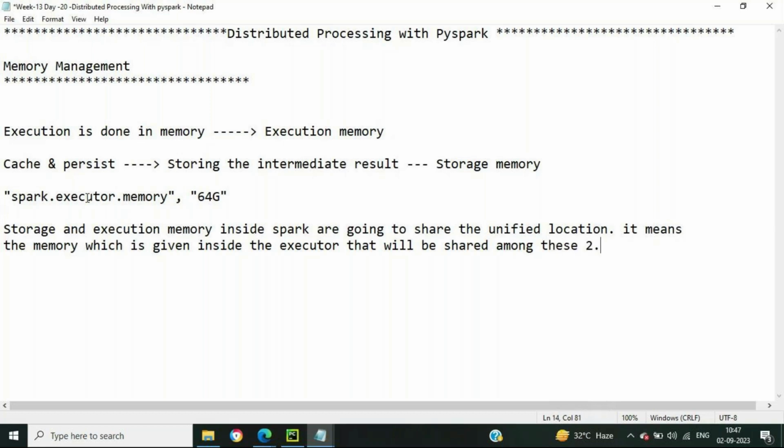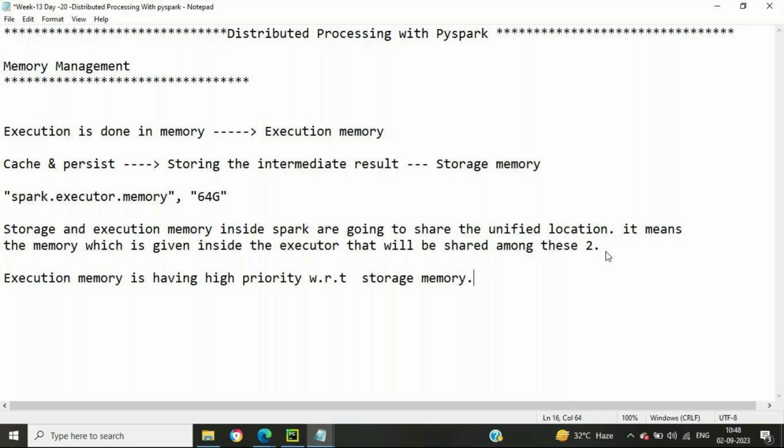It is not like this is for execution or this is for storage. Rather, the 64 GB will be shared by both. We always have high priority for the execution memory. Execution memory has high priority with respect to storage memory.